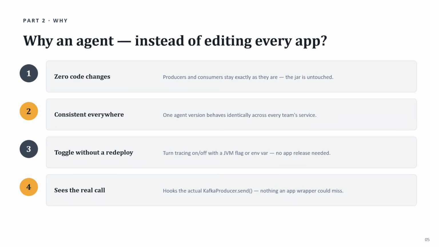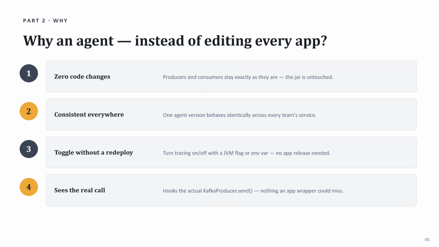So via an agent, instead of editing every app, there are zero code changes, it is consistent everywhere, and you can toggle it without a redeploy, and it sees the real calls. Zero code changes means the producer and consumer stay exactly as they are and the jar is untouched.